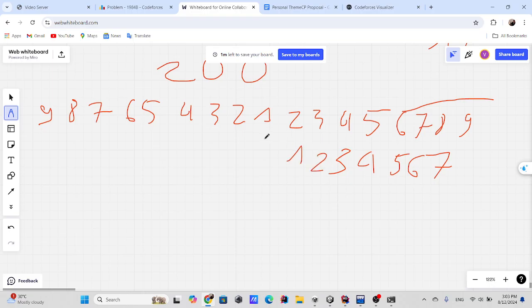Okay, 11. 11 is also, no, it's adequate. 0 here. 10. Yeah. 12, 13, 14, 15, 17, 18.